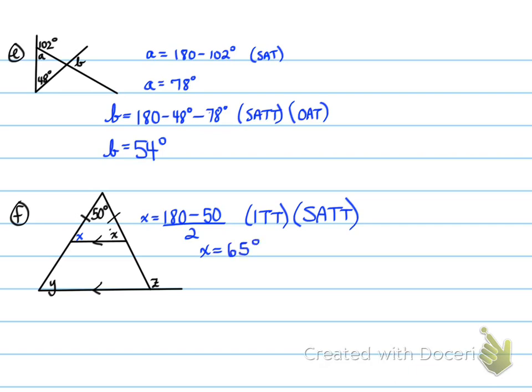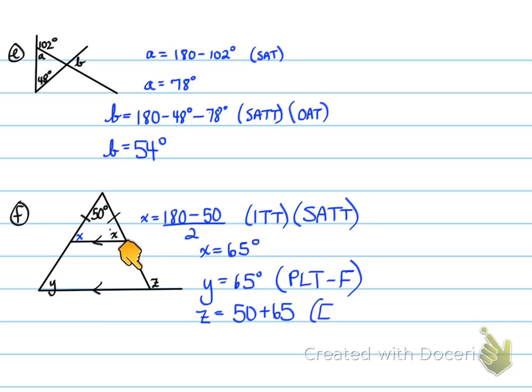Because X is equal to 65 degrees, that tells me that Y must equal 65 degrees as well because of PLTF, or parallel line theorem F pattern. And finally, we need to figure out what Z is. Well, I know that Y is equal to X. This angle is also equal to X because of PLTF, and therefore I can use SAT to figure out Z. Z is equal to 50 plus 65, which is another way to figure it out, which is using EATT.